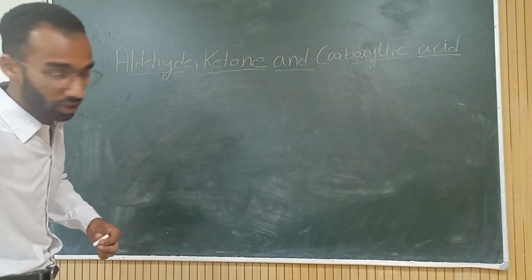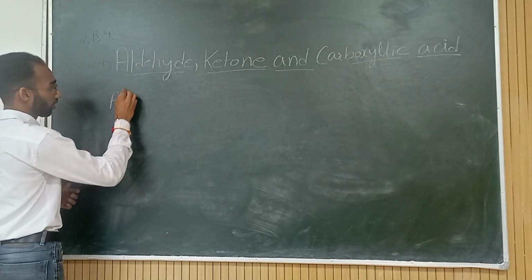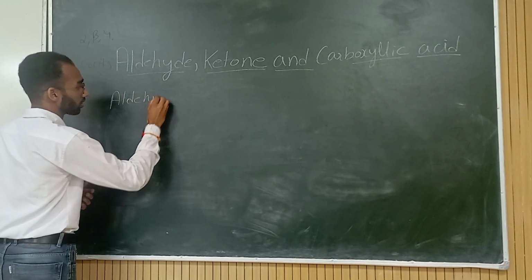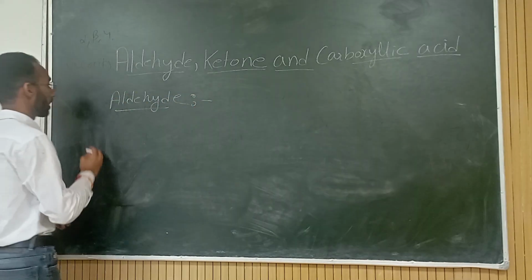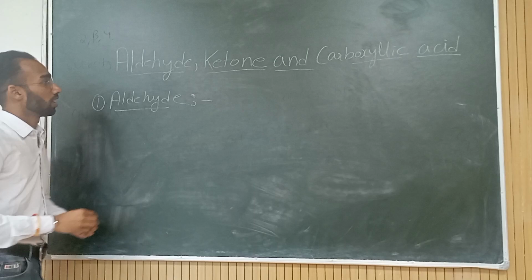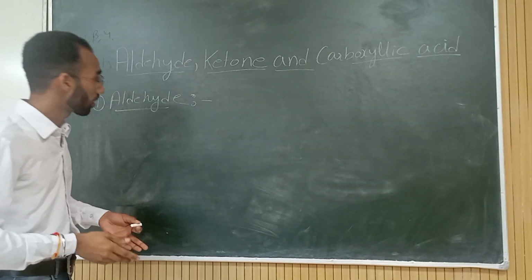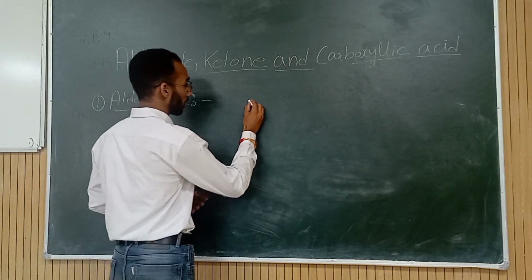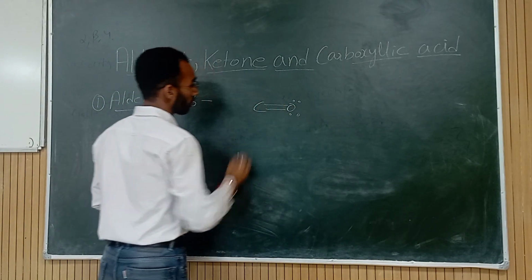Now one by one we discuss these compounds, first of all aldehyde. So what are aldehydes? Aldehydes belong to the category of carbonyl compounds, so they contain a carbonyl group.